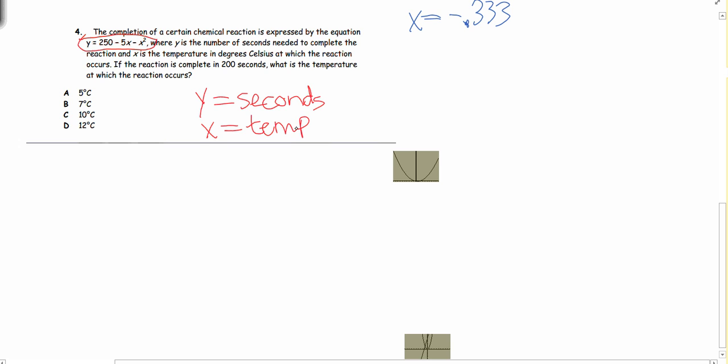Alright. And it says if the reaction is complete in 200 seconds, what is the temperature at which the reaction occurs? So here, these are temperatures, right? Celsius, Celsius, Celsius. So we're going to try a different technique on this one.